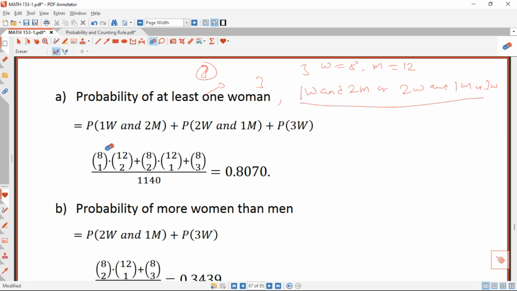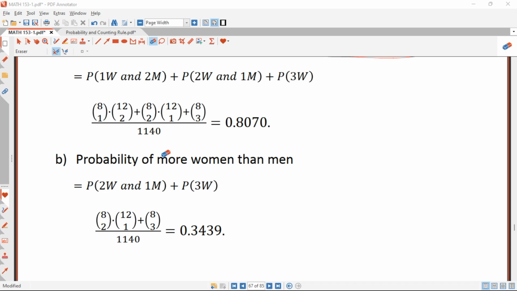So here we are going to get 8 combination 1, since we are having 1 W, times 12 combination 2 for the first pair, plus 8 combination 2, since we have 2 W, times 12 combination 1, since we have 1 man here, plus 8 combination 3. Then we divide it by the sample space, which is 1140. So when we find the combination and add everything divided by 1140, we get 0.8070, right? Yes. So the first question is done.